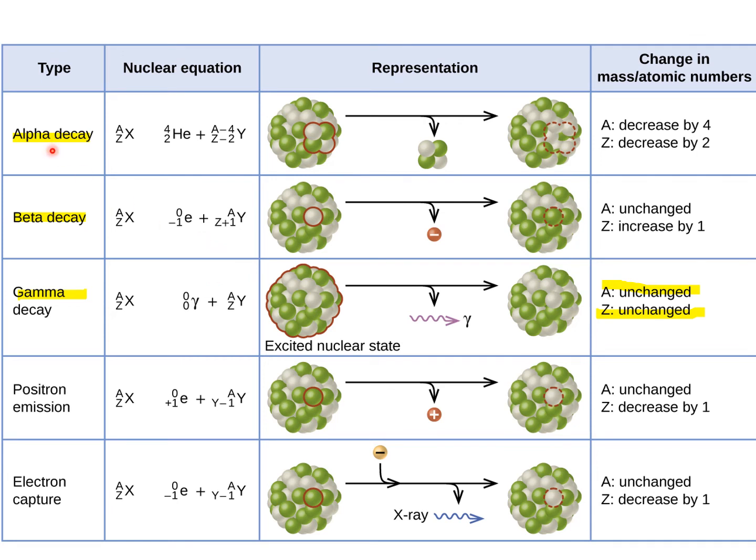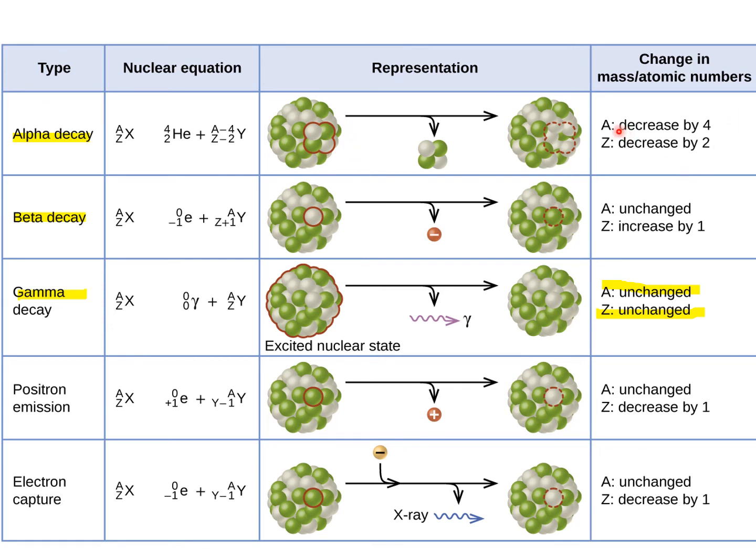For the alpha decay, you see they have circled here 2 green, 2 gray, so this is a nucleus of helium. As a consequence, I have a lot of stuff missing. I have four particles that are important for the mass that are missing, so the mass is down by 4 units.